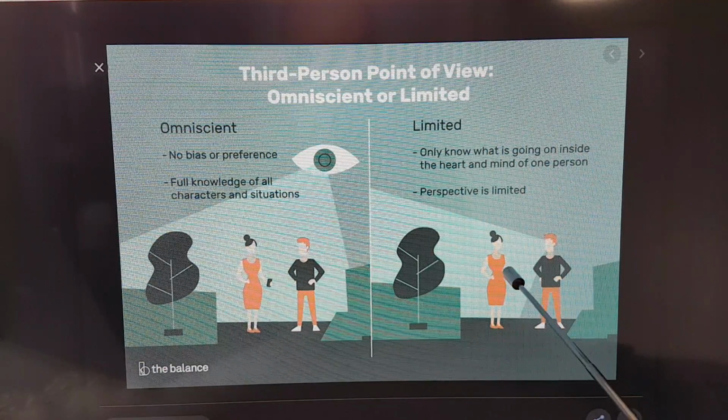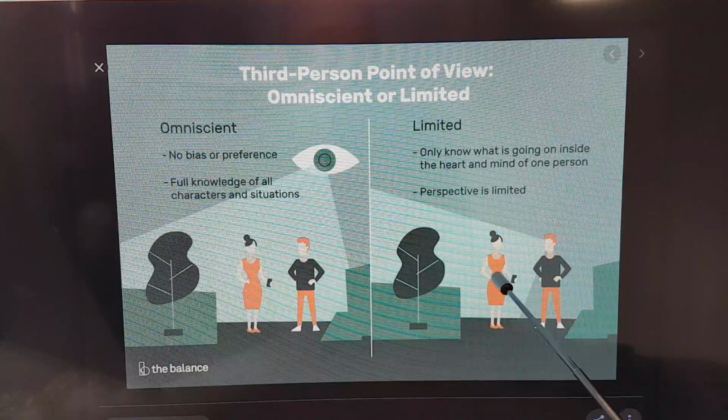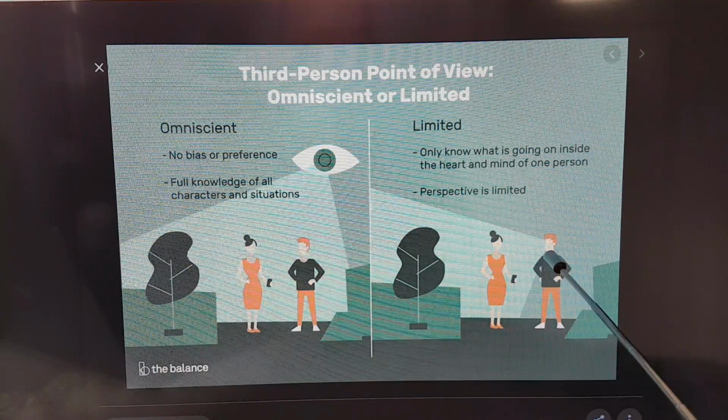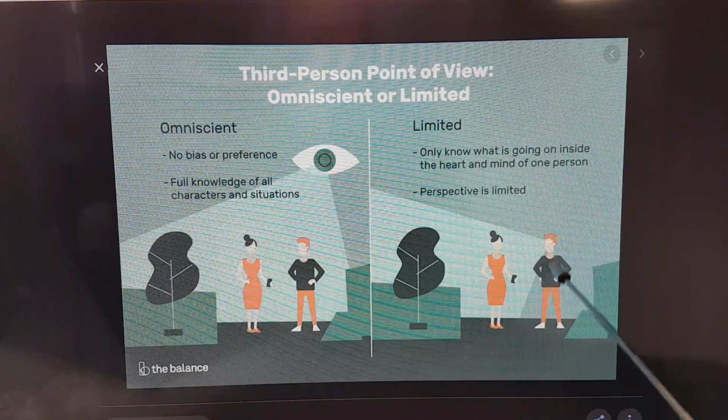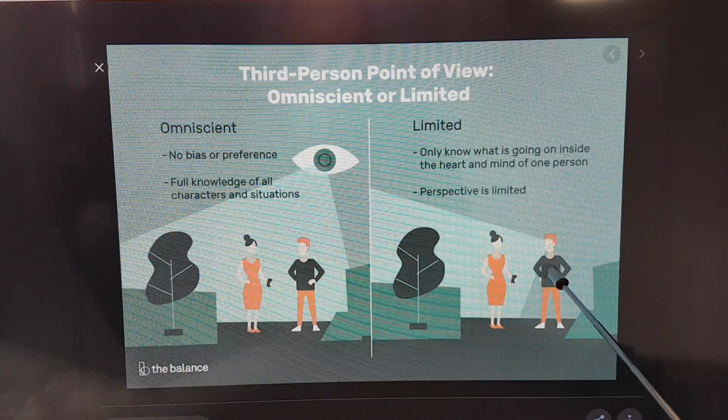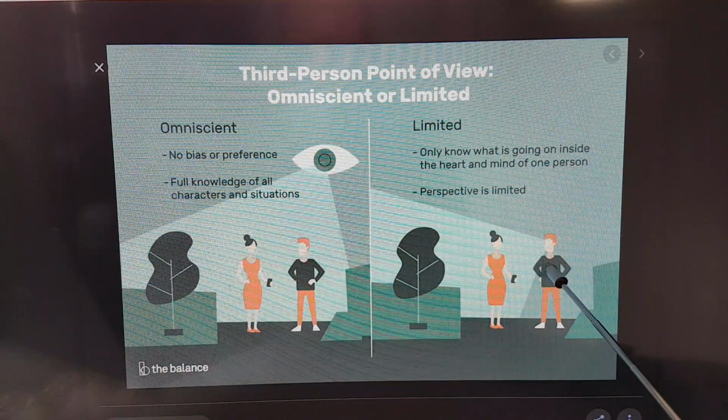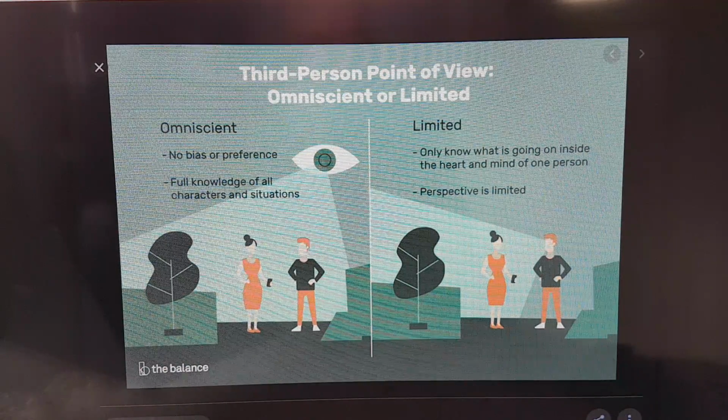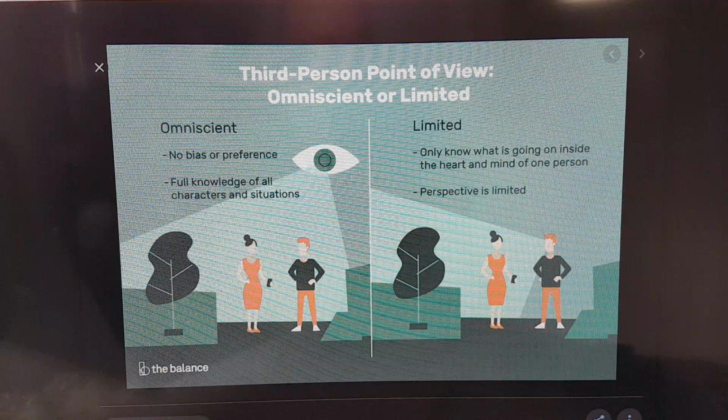So what we, the readers, get to know is always filtered through the central character's frame of mind, the protagonist's frame of mind.